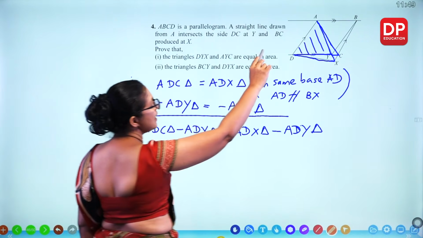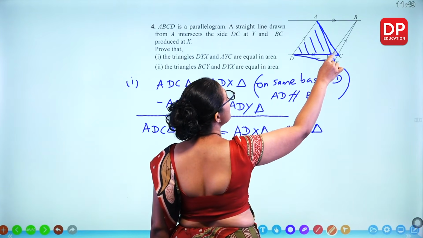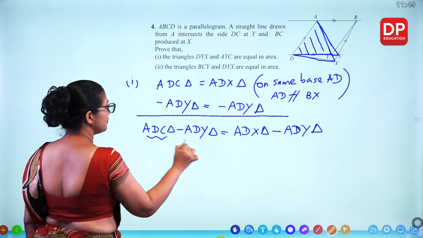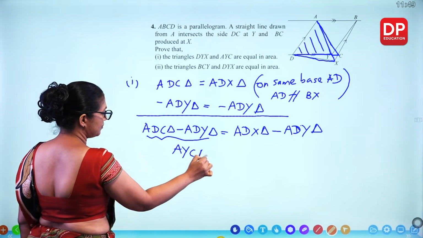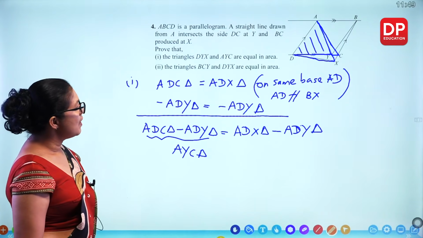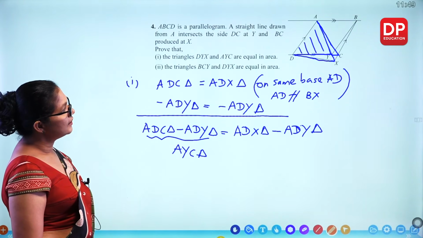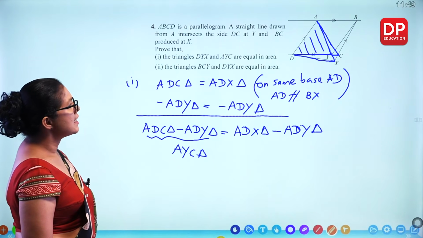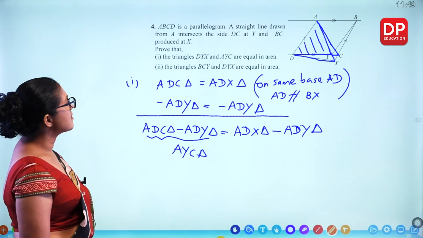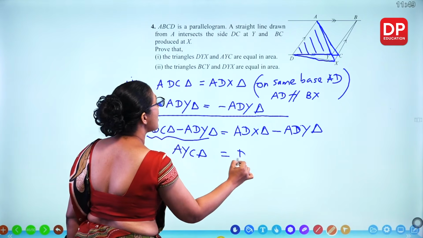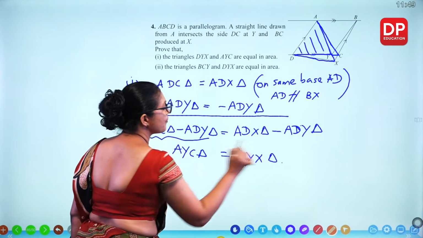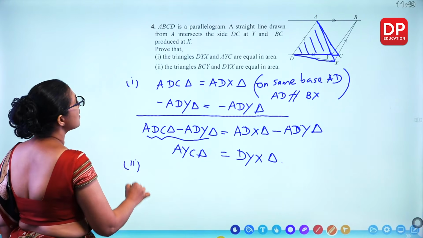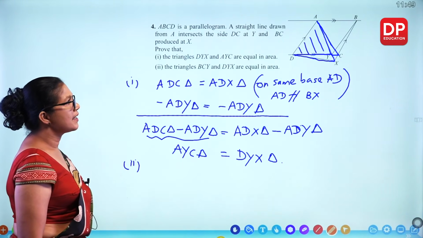ADC minus this, I am getting triangle AYC. The other one, when I subtract ADY from ADX, I am getting triangle DYX. So both are equal.